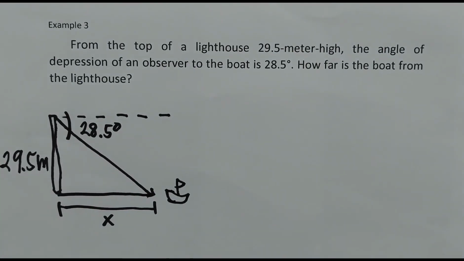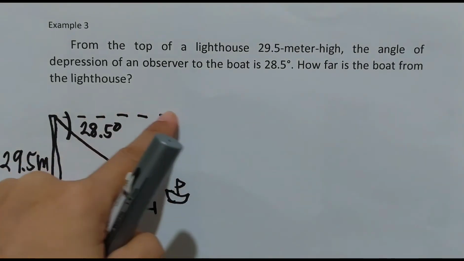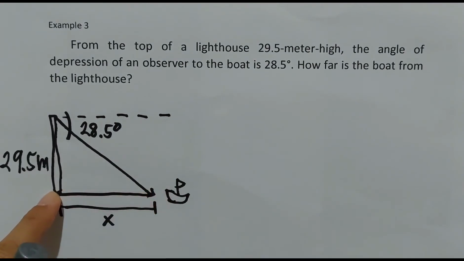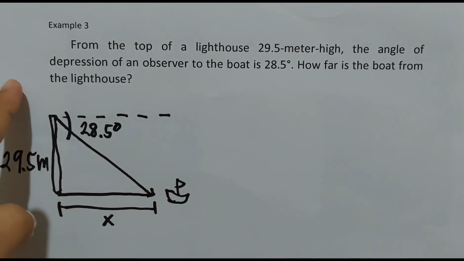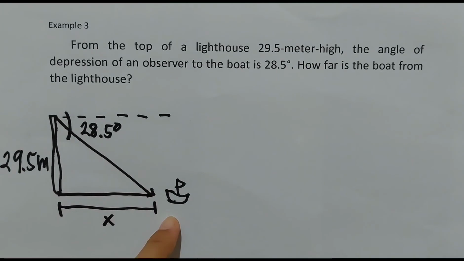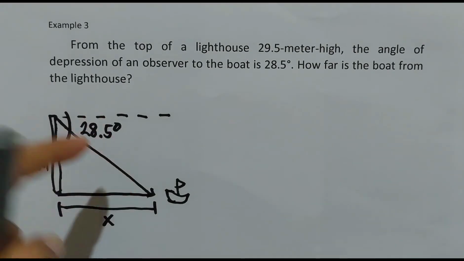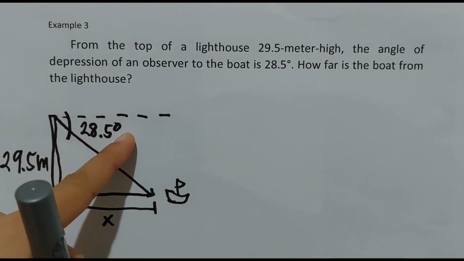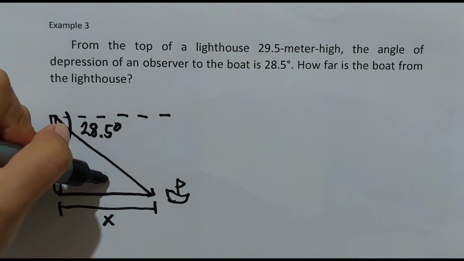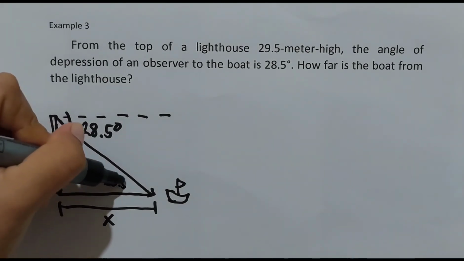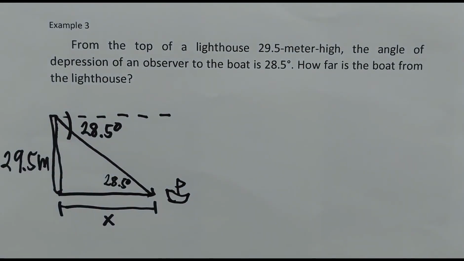Yes, because these two lines, the horizontal lines, are parallel, and this line of sight is a transversal. And remember that alternate interior angles are congruent. So, if this is 28.5 degrees, this one is also 28.5 degrees.